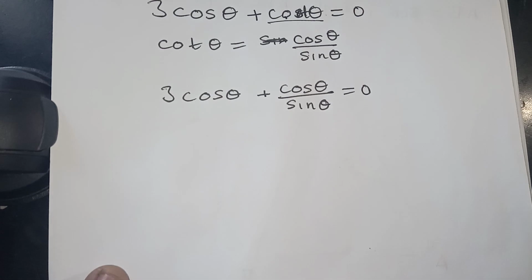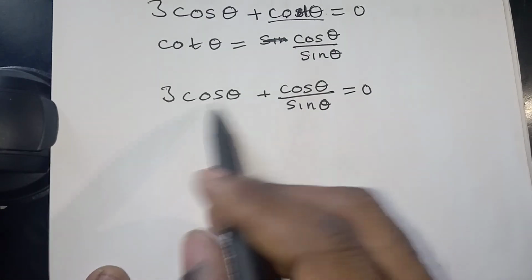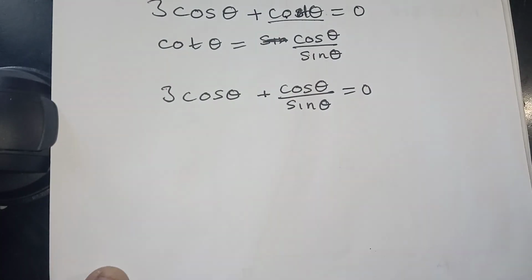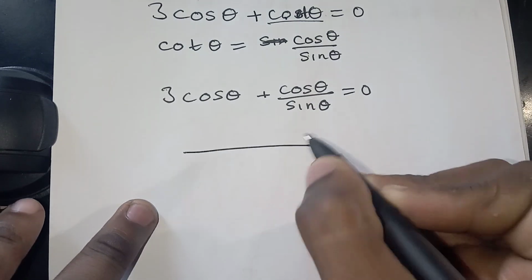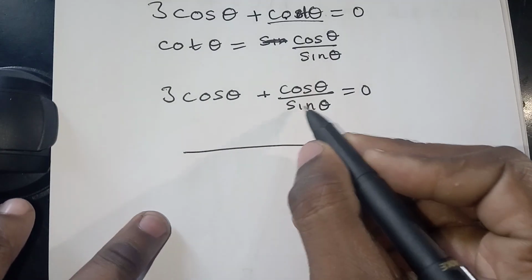Even at this point, you can factor cos out, but I think it's much easier when you find the common denominator or multiply everything by sine. I'll find the common denominator, I think it's more relatable that way.